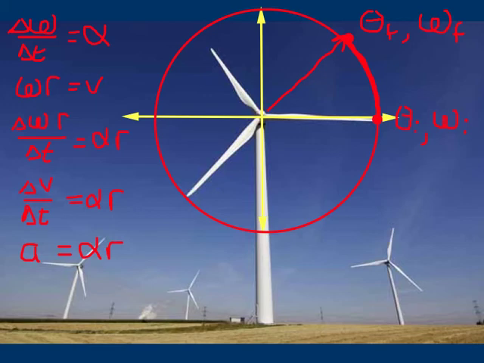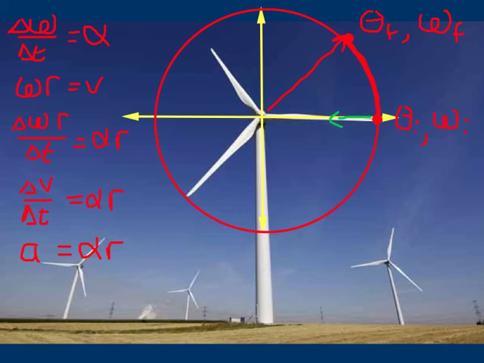Now something we need to be very careful about is that there are actually two kinds of acceleration going on here. We have angular acceleration, which describes how the rotation speed is increasing or decreasing, but this is circular motion, and in circular motion there's always another type of acceleration acting.